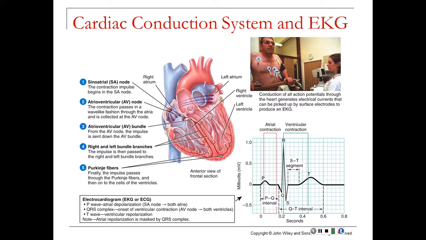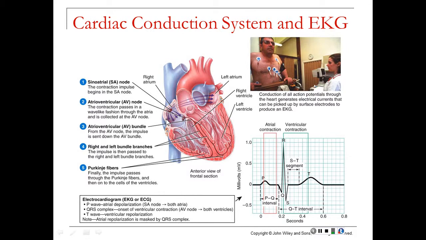This diagram here goes through the cardiac conduction system as well as an EKG reading. So this diagram of the heart is showing you where the SA and AV node are, as well as those special Purkinje fibers. So if you recall, the conduction is initiated by that pacemaker called the SA node, or sinoatrial node. That's where the impulse begins.